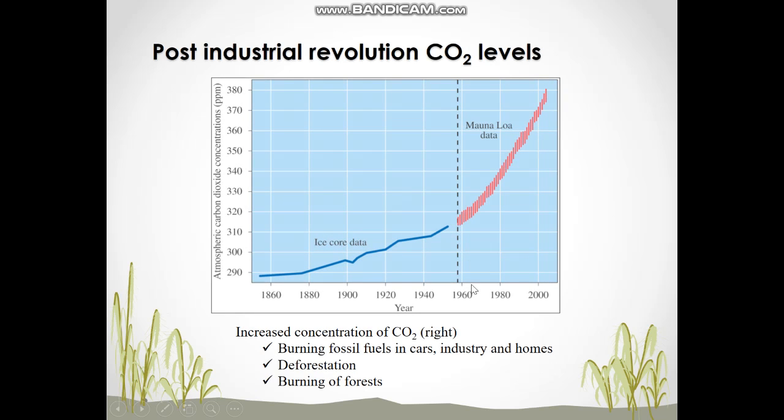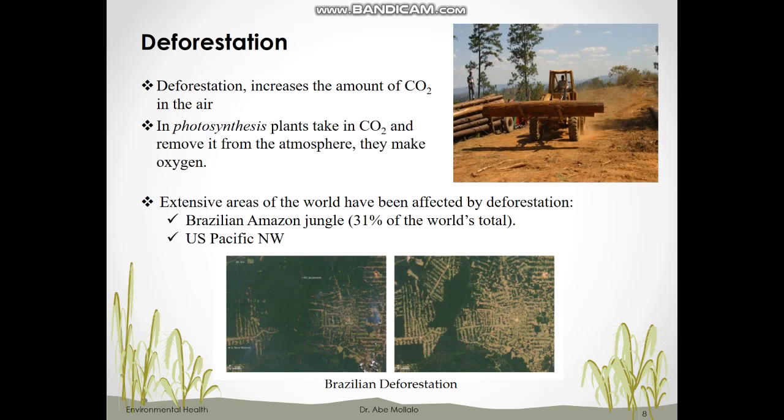This chart also shows that after industrialization, emission of CO2, or carbon dioxide, which is one of the main greenhouse gases, increased, most likely because of burning fossil fuels used in cars and industry, and deforestation, which means clear cutting forests and replacing them with other land use, non-forested areas.